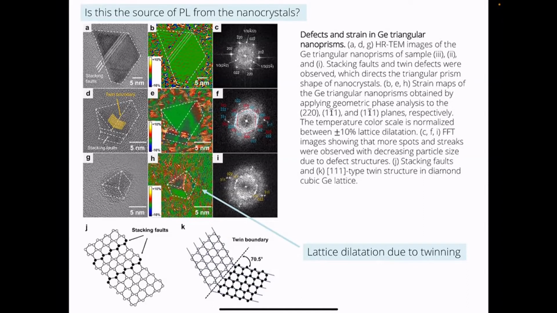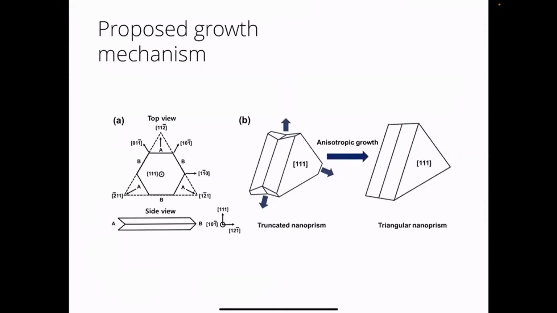What we think is happening is that in the synthesis, these dots get their triangular prism shape based on stacking faults. And those stacking faults we see in all the dots. Our idea is that those stacking faults create some lattice strain within the germanium.